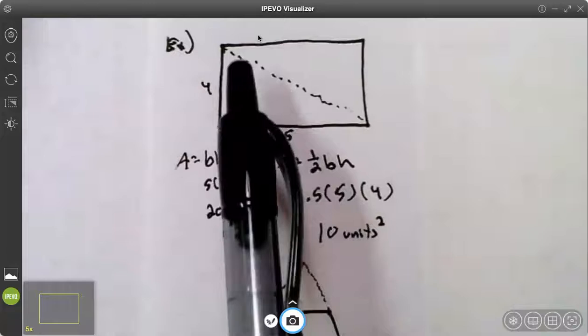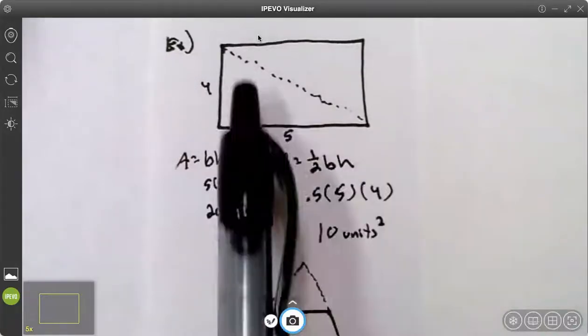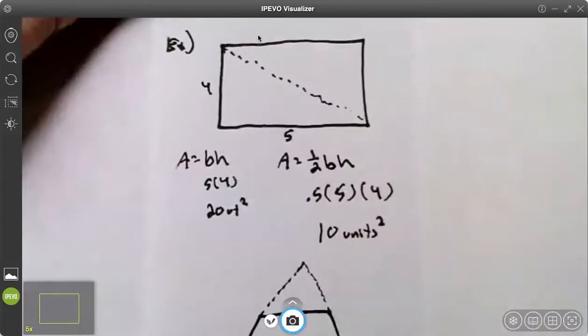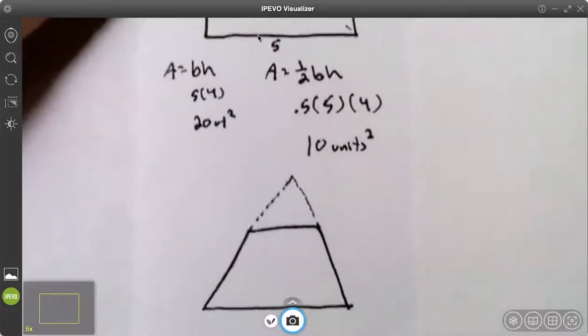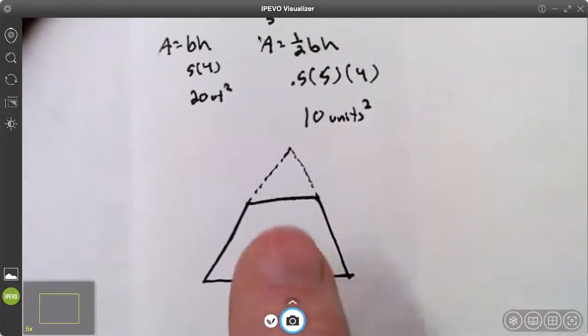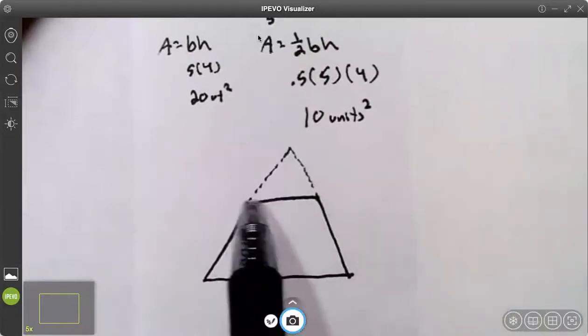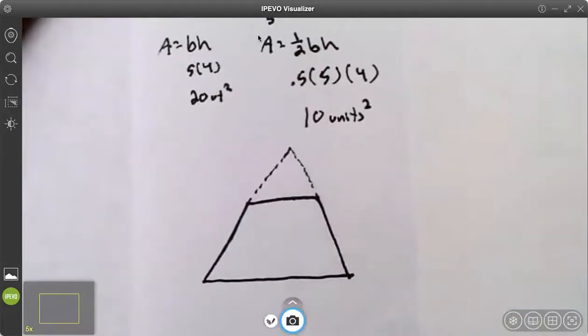So here we talked about the fact that a parallelogram is base times height. A triangle is just half of a parallelogram, so a triangle would be half the base times the height. Now let's look at what happens if you take a triangle, which is 1/2 base times height to get the area of this triangle, and you cut off the point and create a second base.